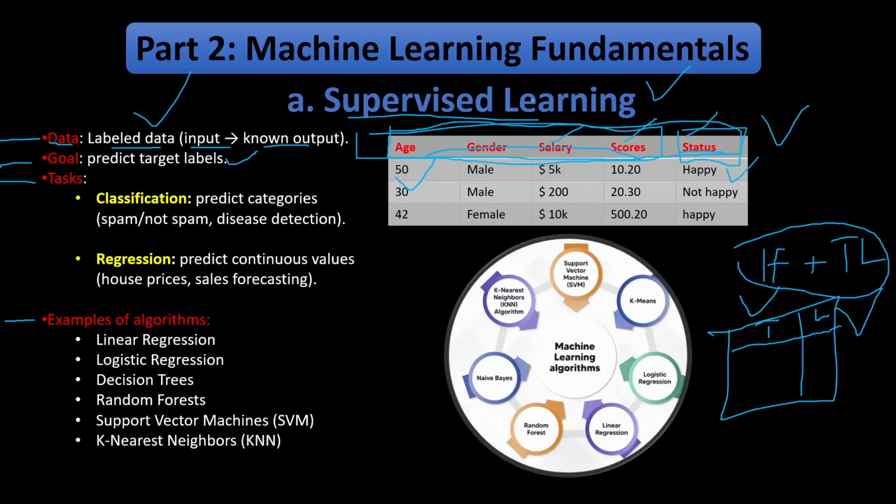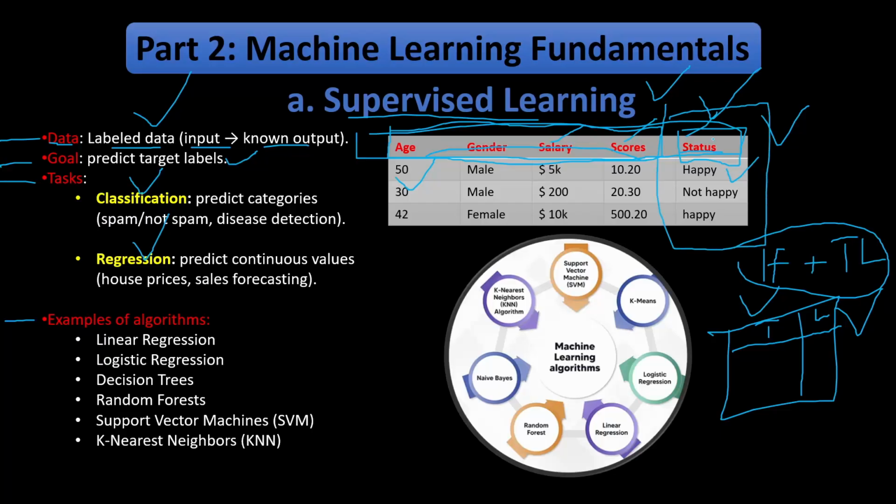Now supervised learning has two further types, classification and regression. Here, if you want to understand which one is classification and which one is regression based on the data that you are dealing with, you only have to focus on your target column.